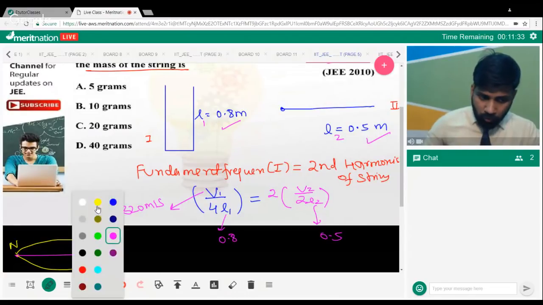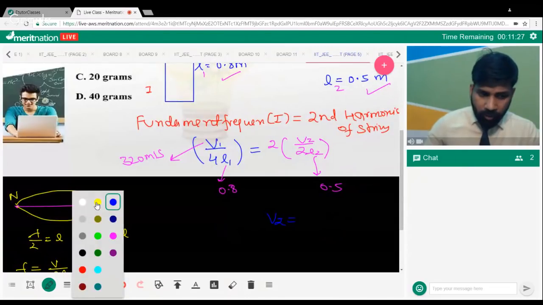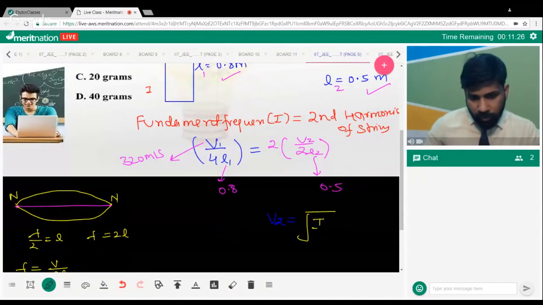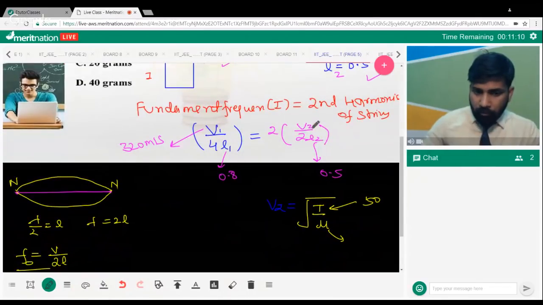The velocity of the wave on this string is given by the relation root under T by mu. Tension is given as 50 Newton. Mu is mass per unit length. So the mass of this string is M and the length is L2. Put the values of T, V2, L2, V1 and L1, and you'll get the value of mu from the above equation.